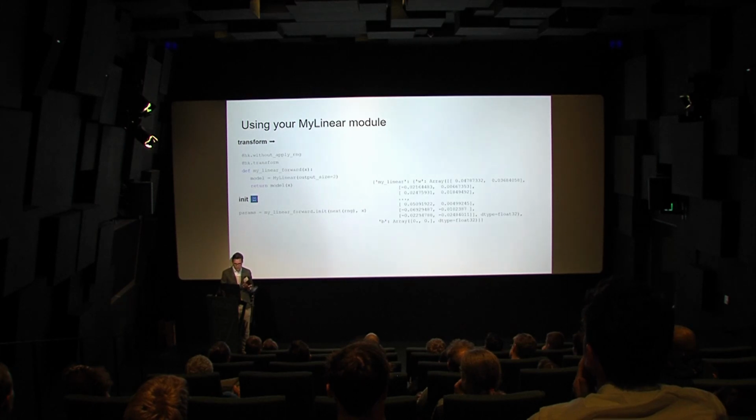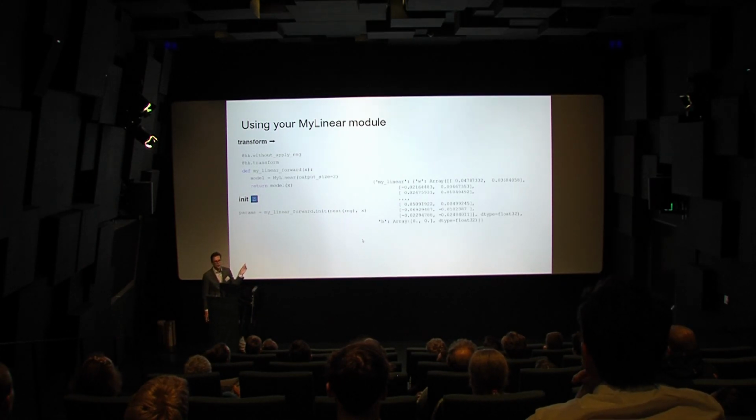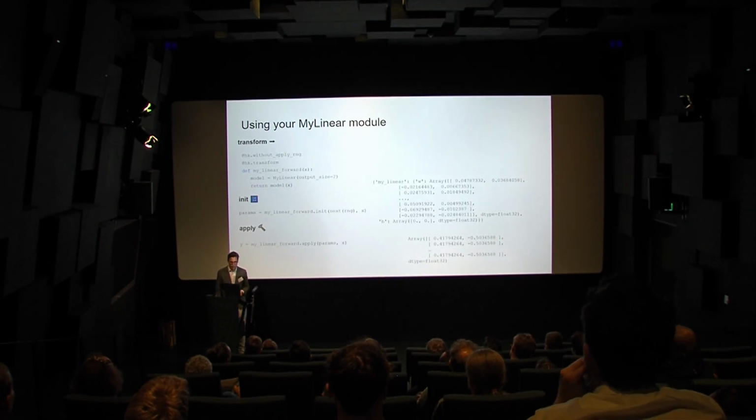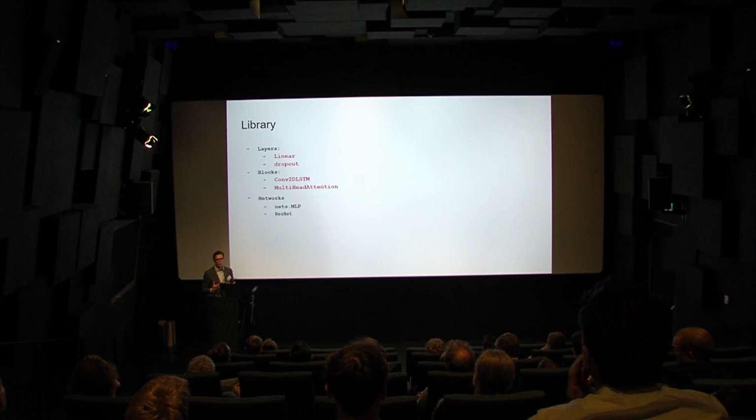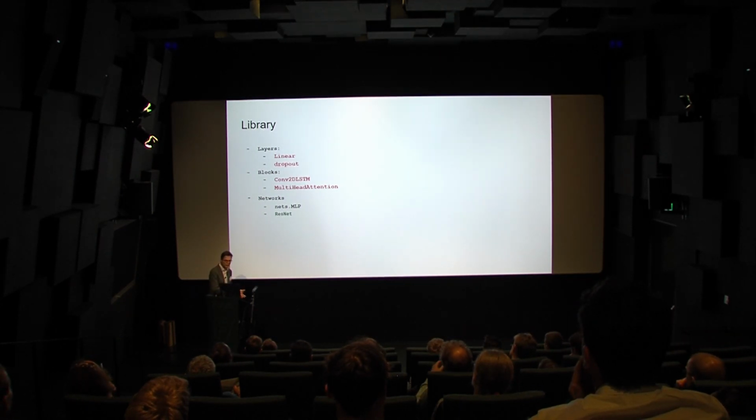Then we initialize the function, and here we can see these are the w and the b, which we specified earlier using hk.get_parameter. And then finally, to use it, we just run function.apply, and then we pass in the parameters of our network and the function we want to evaluate. So this is just to give you an idea how to use this composability in Haiku in JAX.